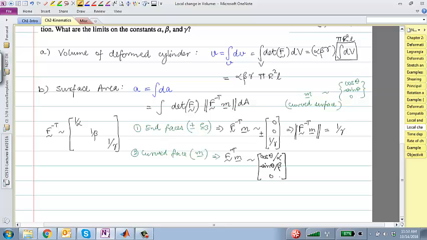And the magnitude of this vector, F inverse transpose acting on M, would be equal to the square root of the sum of squares of those terms. So cosine, maybe I'll just write C for cosine theta squared. So cosine theta over alpha squared plus sine theta over beta squared.